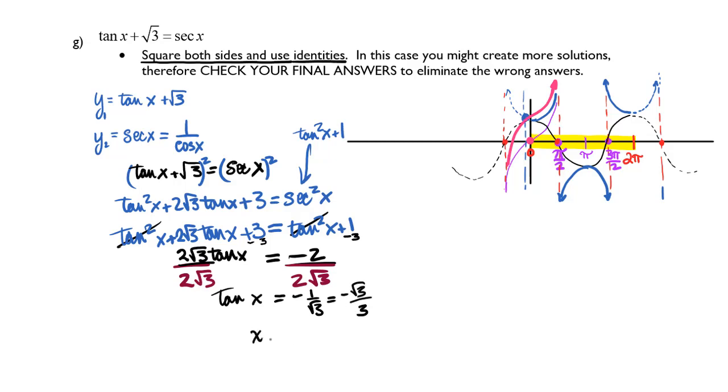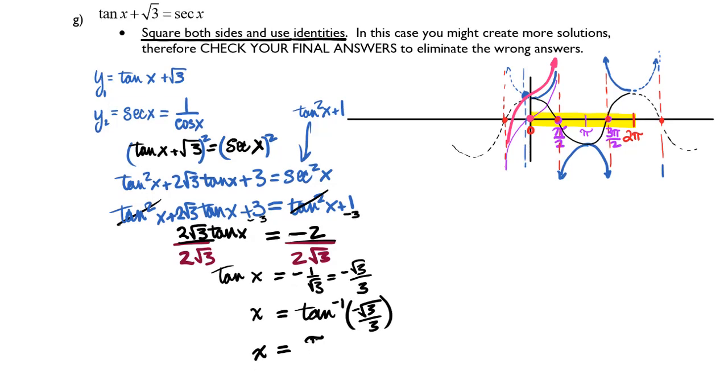That means tangent of x now needs to be isolated for just the angle, and I can do that by taking the tangent inverse of both sides, and I have tan inverse of negative root 3 over 3 is the angle I'm looking for. Pi over 6, and it's negative because it's in the fourth quadrant.